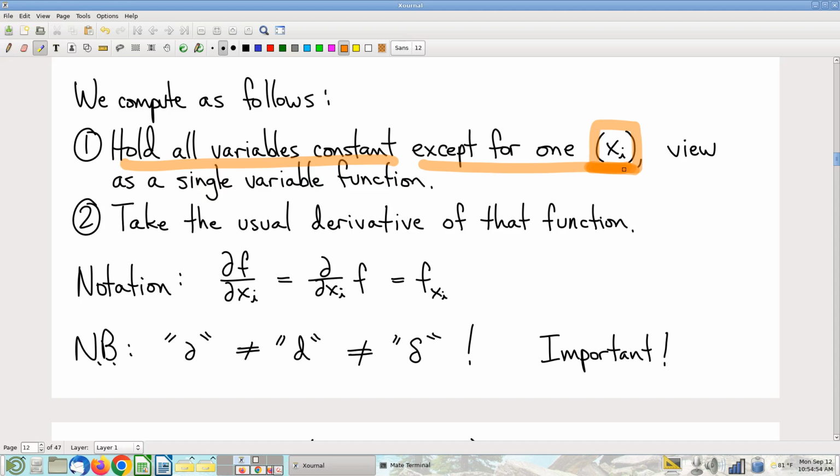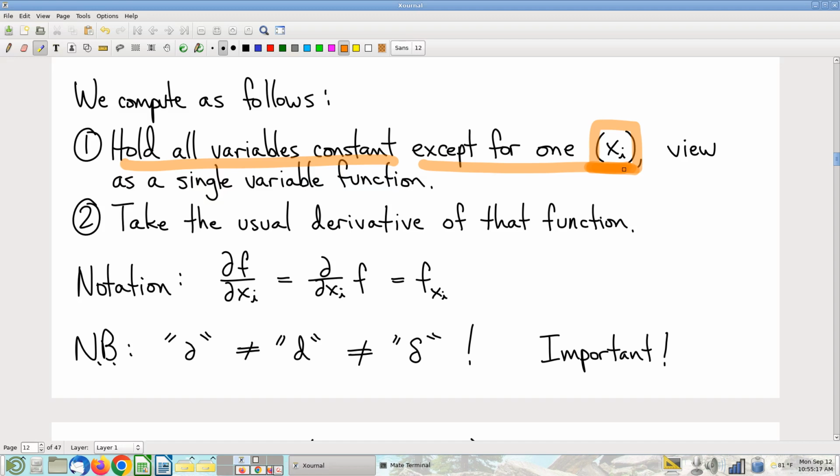You're allowed to, and you're responsible for the consequences of your actions, of course. If you choose to view those as constants, then you have to admit that what you're going to end up with is really not the same function as what you started with. And so the interpretations we're going to be able to get here are highly limited accordingly, right? But yeah, we are allowed to choose to ignore all but one of the variables.